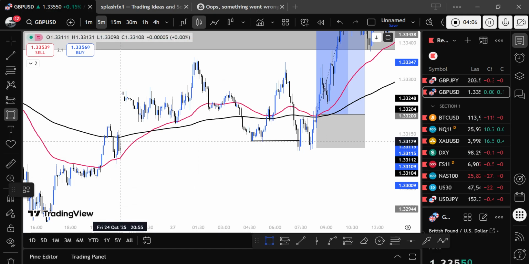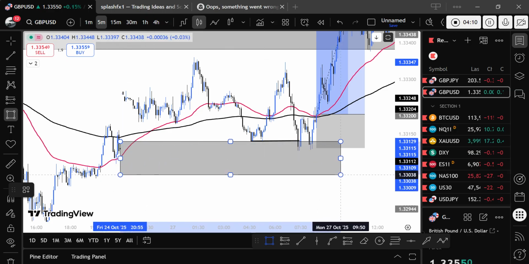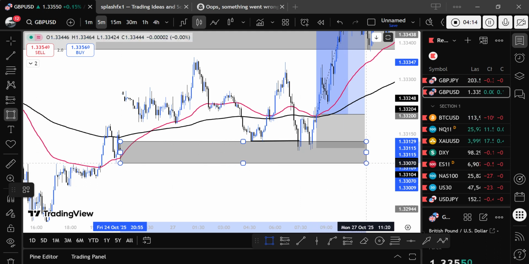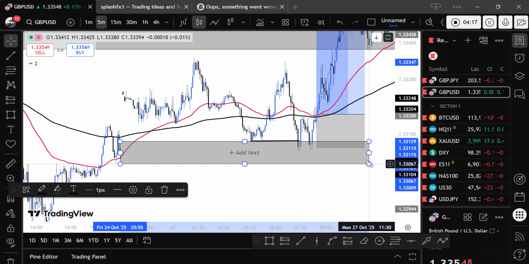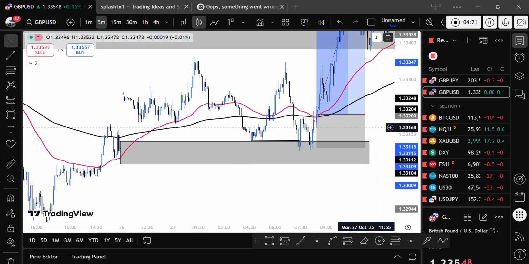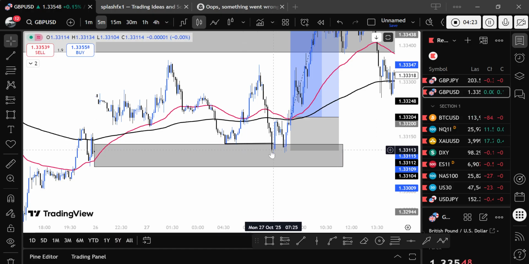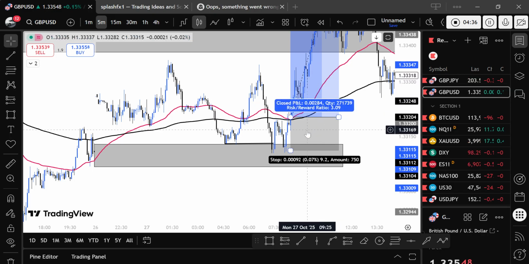This is a supply zone here. Sorry, demand. There's a support here. So this guy swept this liquidity, tapped into it, started moving up according to smart money concepts. If you are someone that trades smart money concepts, this can help you filter some noise.